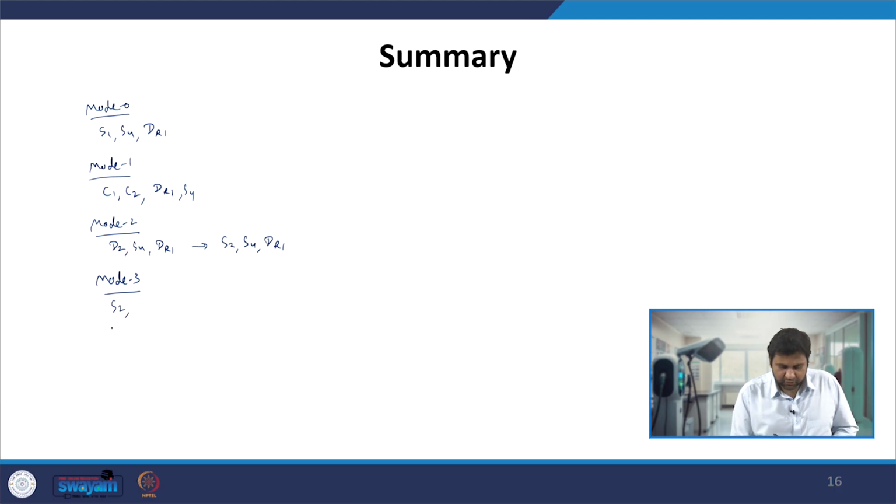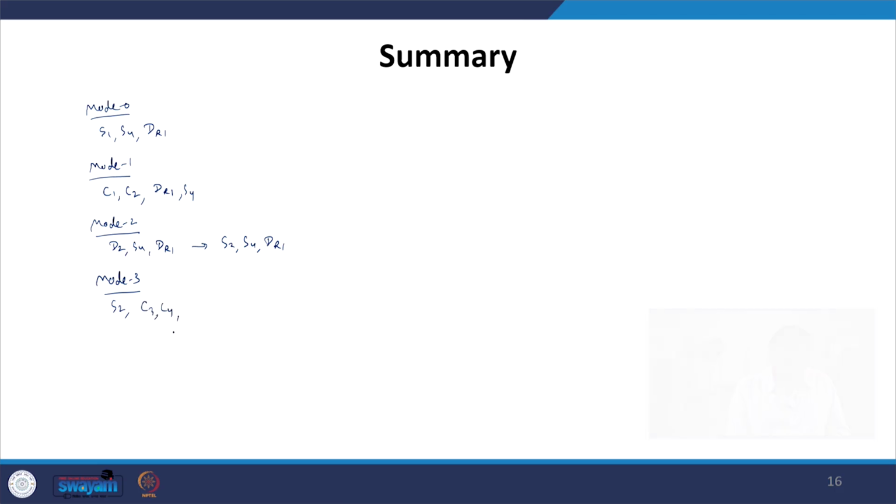So we now have the S2 switch, and since the S4 pulses are removed, the C3 and C4 capacitances come into the picture. Since C3 and C4 are coming into the picture, the VAB will be seeing the minus VC4 voltage, and that's when my IP current will no longer be equal to the reflected IL current. So that's when my DR1 and DR2 are in conduction.